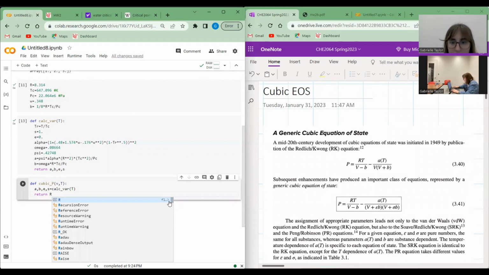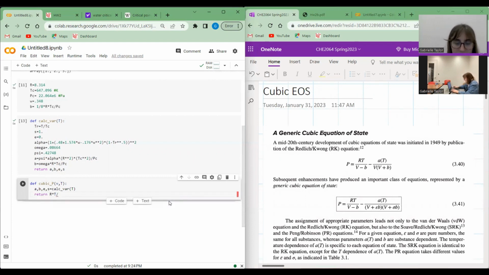So R times T divided by V minus B. And then this is going to be subtracting A divided by V plus epsilon times B, and then we're going to multiply this times V plus sigma times B. Let me check to see if I got this right.